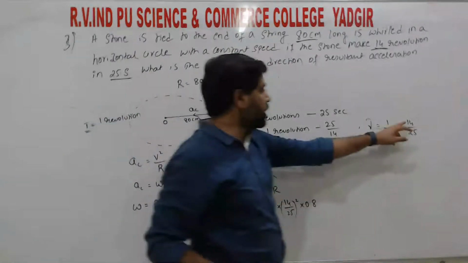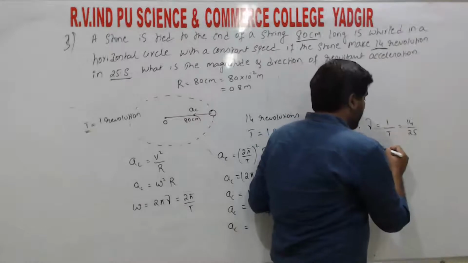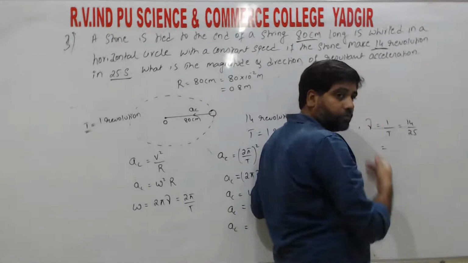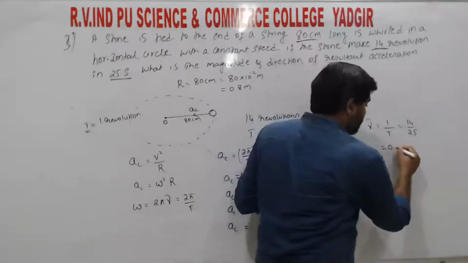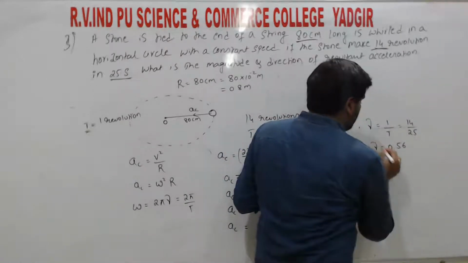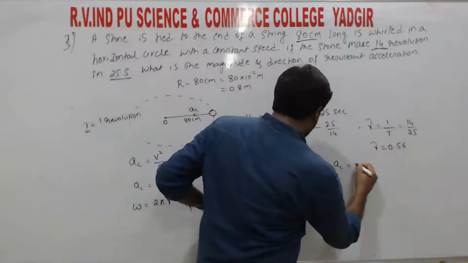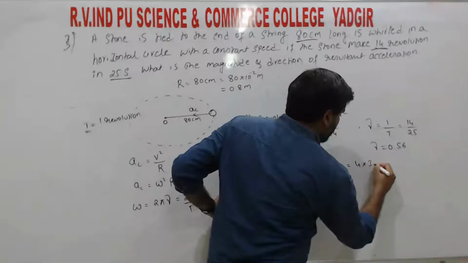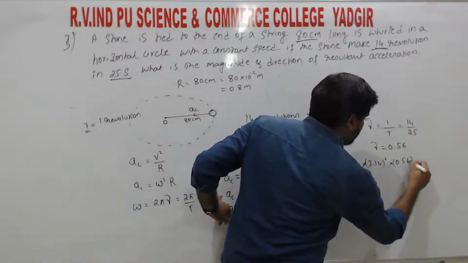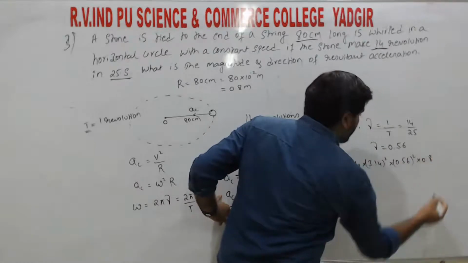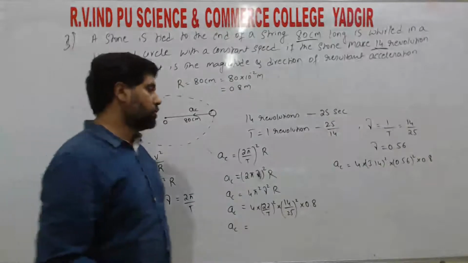Otherwise, directly, 14 divided by 25 is 0.56, so substitute directly here. So a_c is equal to 4 into 3.14 whole square into 0.56 whole square into 0.8. If you multiply all this, we get the magnitude.